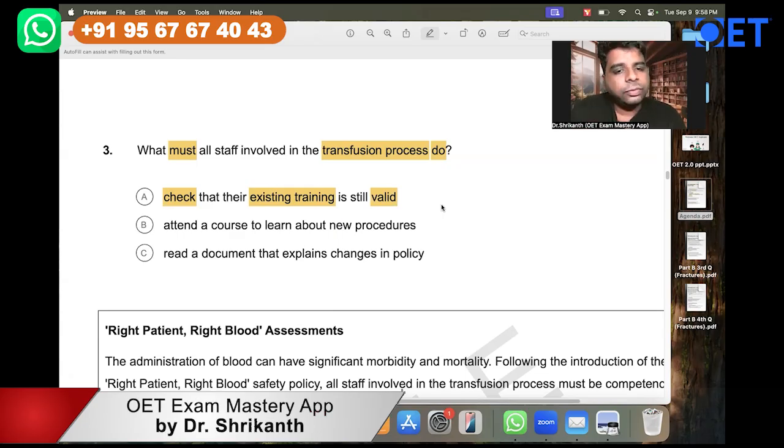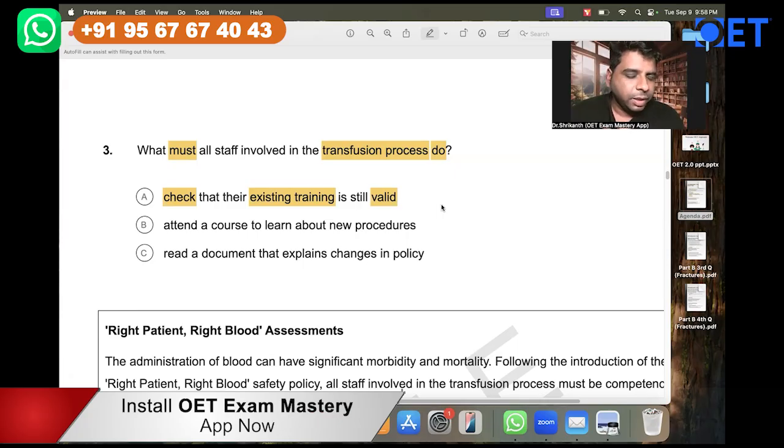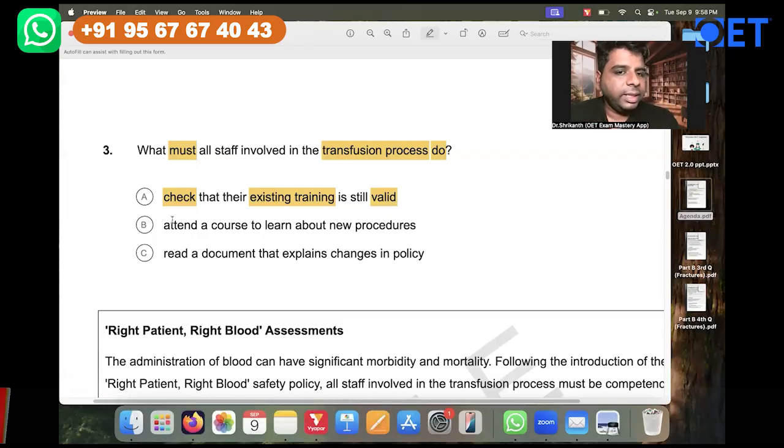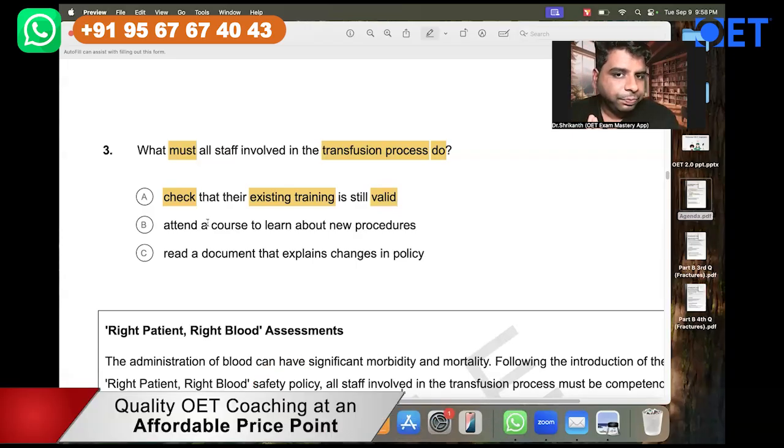If the validity is expired, then we cannot work there. We have to once again write the examinations and renew our license, right? So here, what must all the medical staff do? Whoever is working in the transfusion process, they must compulsorily check that their existing training has not yet expired. That means it is still valid. That validity is still going on.